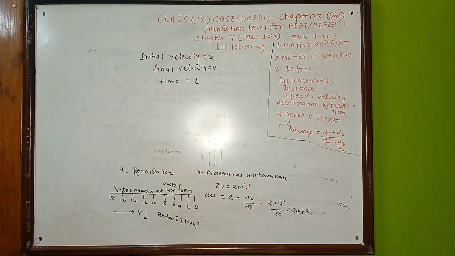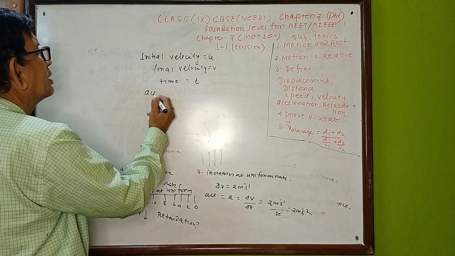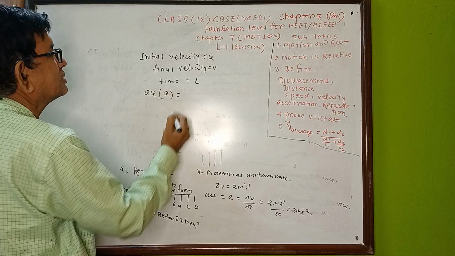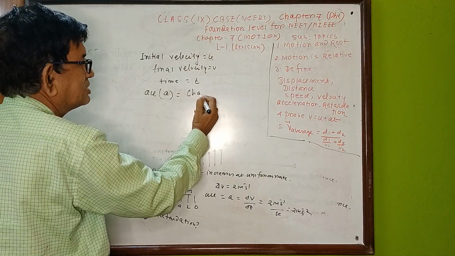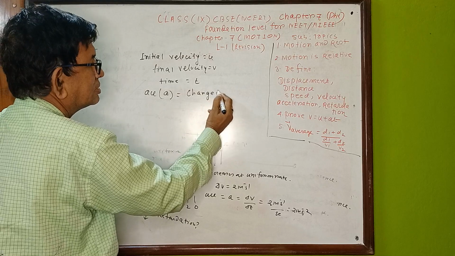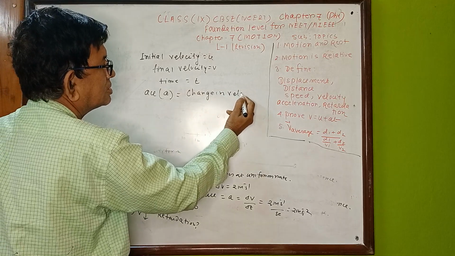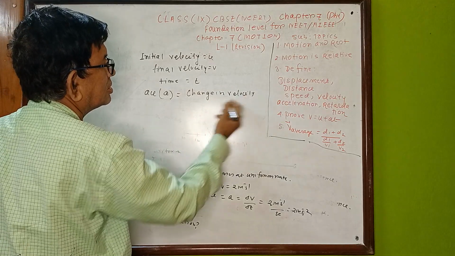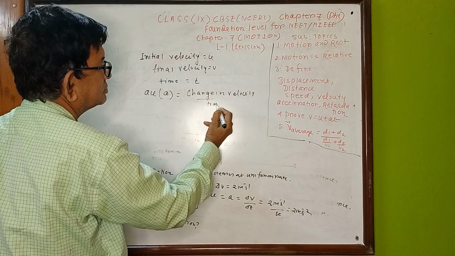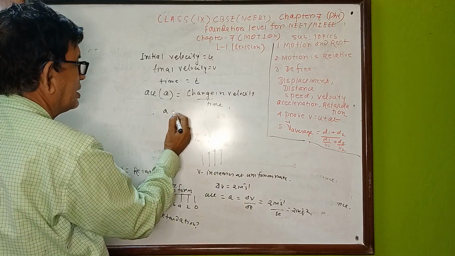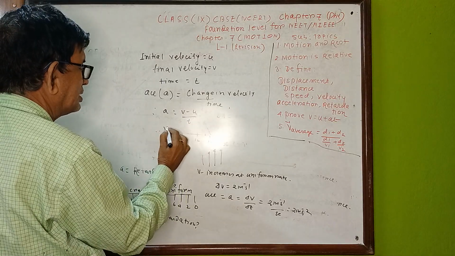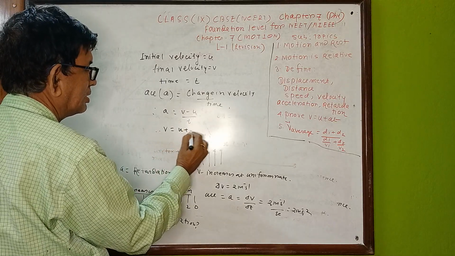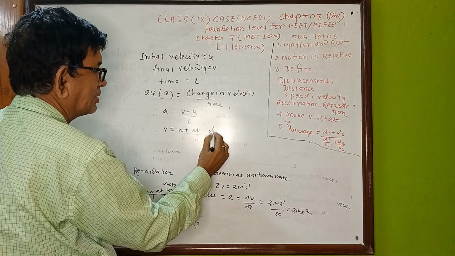You know acceleration A equals change in velocity, final minus initial, by time. Then A equals v minus u by t, or cross multiplying, v equals u plus at.